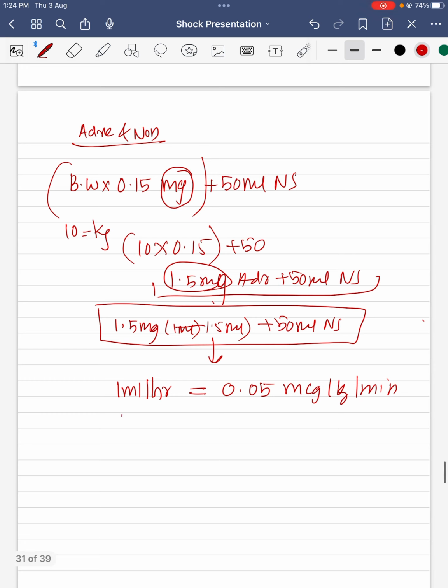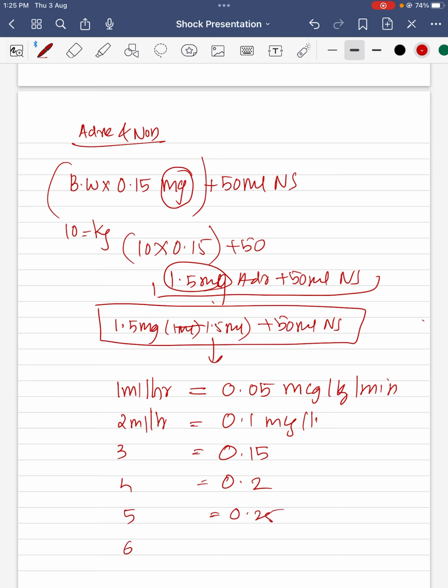So 2 ml per hour equals 0.1 microgram per kg. 3 ml is equivalent to 0.15. 4 ml is equal to 0.2. 5 ml, 0.25. 6 ml, 0.3.